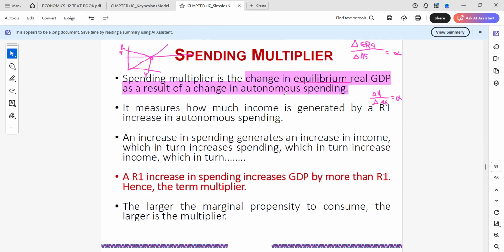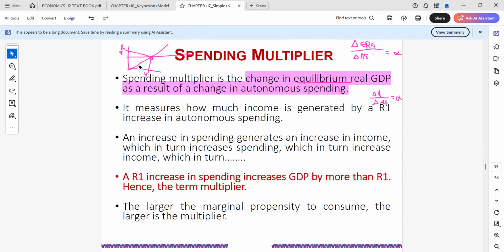It's no longer just investment, but it's autonomous consumption, exports, autonomous imports, which are subtracted, as well as autonomous government expenditure, right? So it's a change in income divided by a change in not all of them, but the one that is being asked in that question, right? It's gonna be a change in that autonomous component equals the multiplier, right?